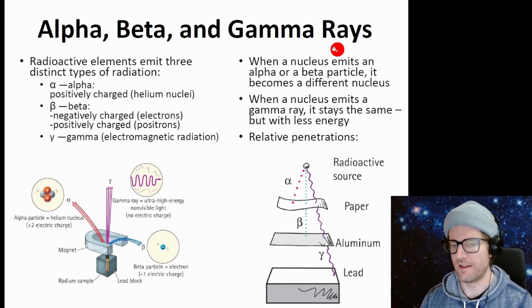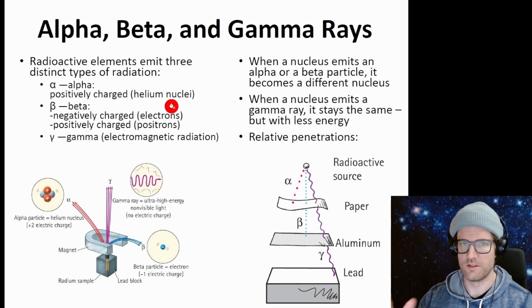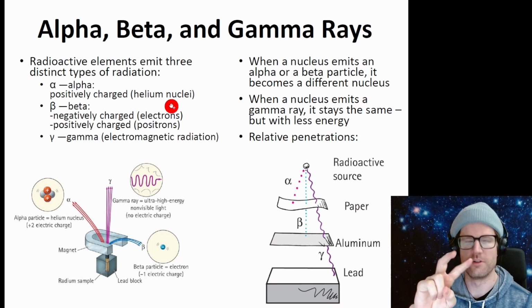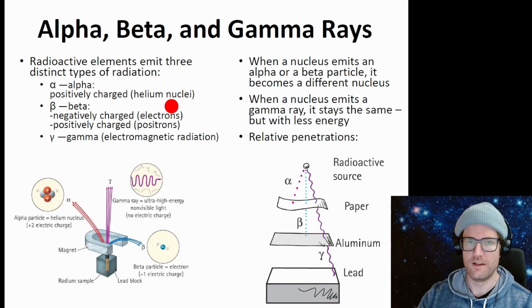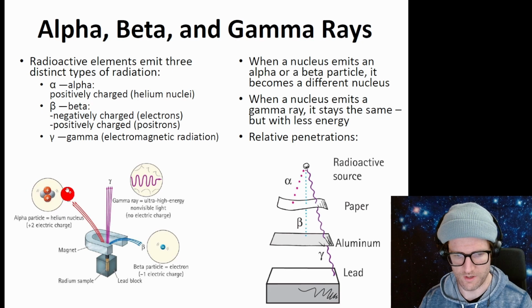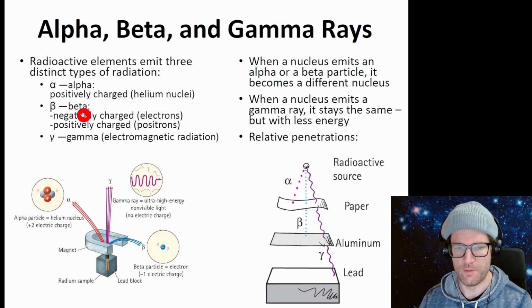Okay, alpha, beta, and gamma rays. Let's figure this out. So an alpha particle is a positively charged helium nucleus. So that's two protons, two neutrons in one particle. So that's this picture right here. Beta is negatively charged electrons or positively charged positrons.